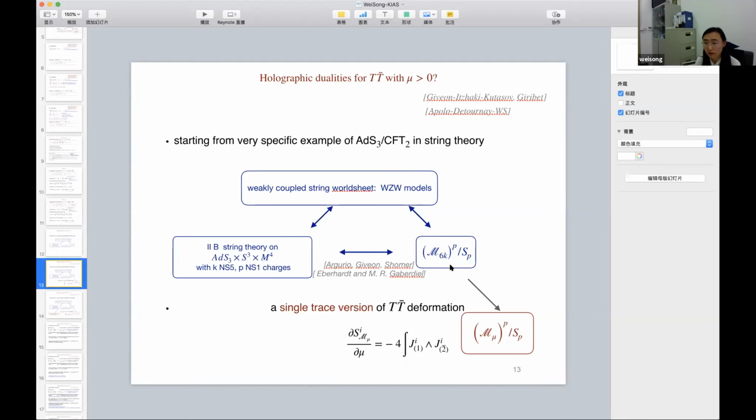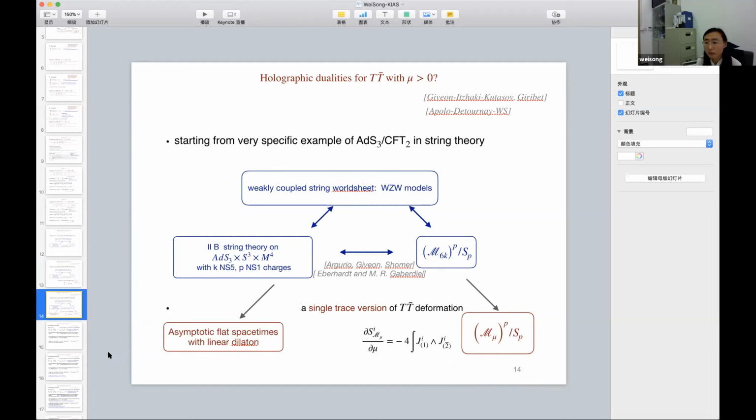That's the dual CFT set. We are doing such a deformation, namely we deform the seed CFT by TTbar, and then do the symmetric product, and that defines the single trace deformation.